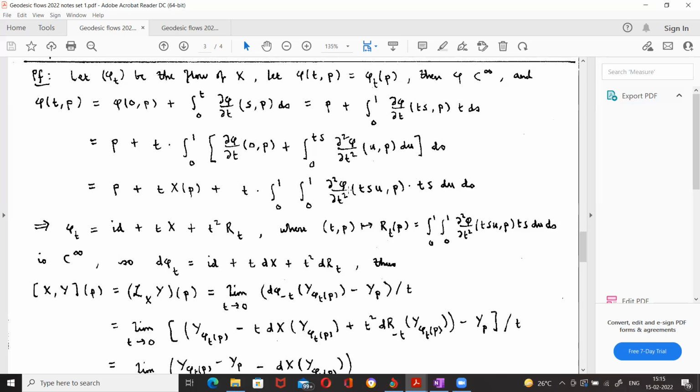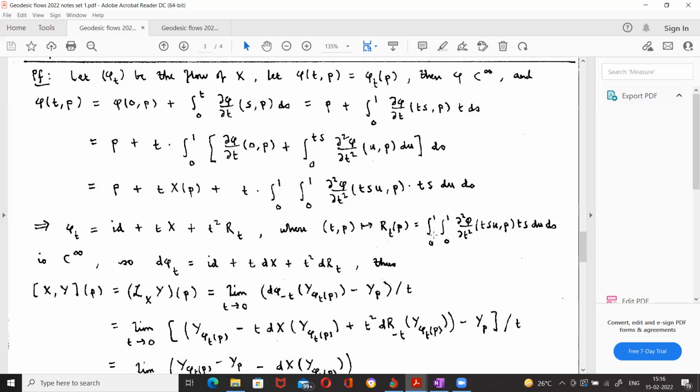Okay, so finally I can write the flow phi t as p plus t x p plus t squared times some r of t p. So in other words, phi t is equal to the identity plus t times x plus t squared times some r sub t, which is a smooth function where t comma p goes to r of t p.